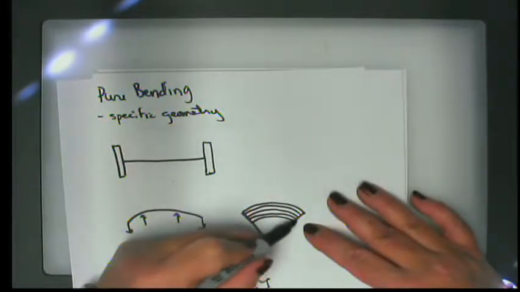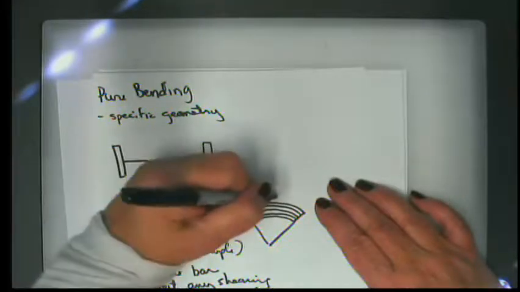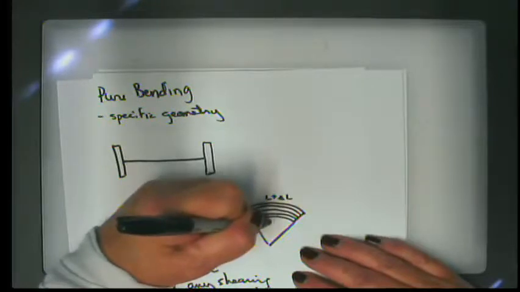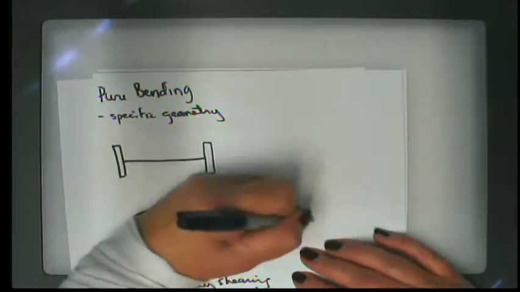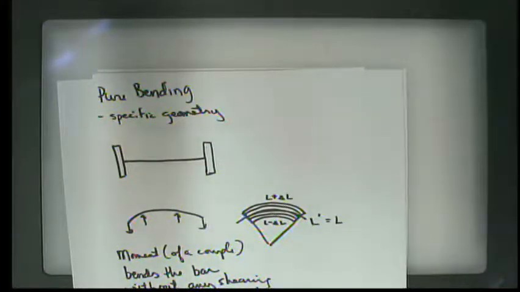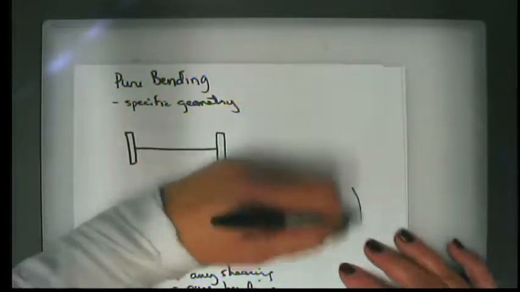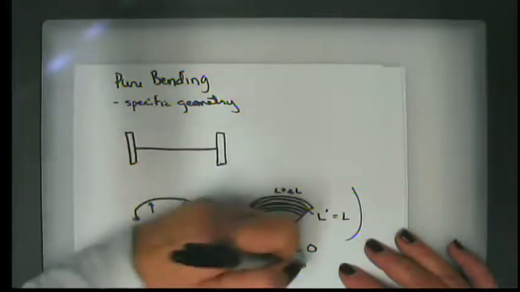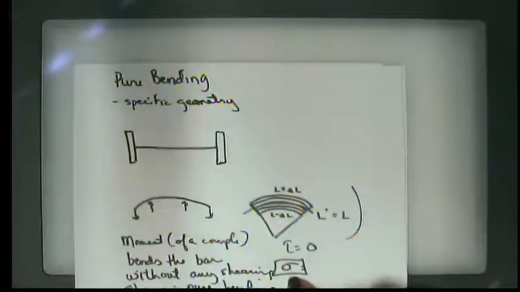So on the top layer, we have the longest curve, and down here, we have the shortest curve, and somewhere in the middle, we just have the original length. But nothing is really shearing against anything else, and so this type of configuration results in no shearing stress, but we definitely have a normal stress.